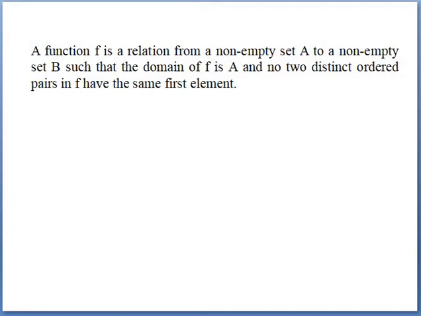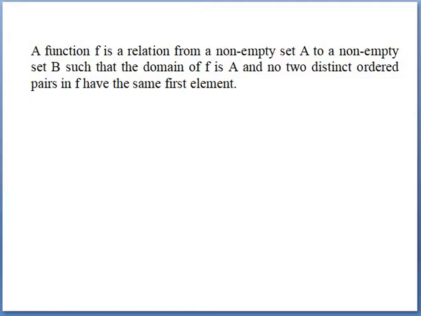That means for every element of A, that is the first set, we must get an image in the second set. And the third condition is no two distinct ordered pairs in f have the same first element.